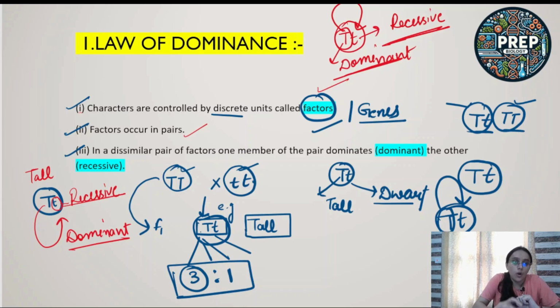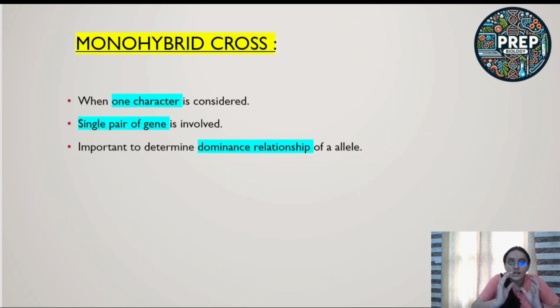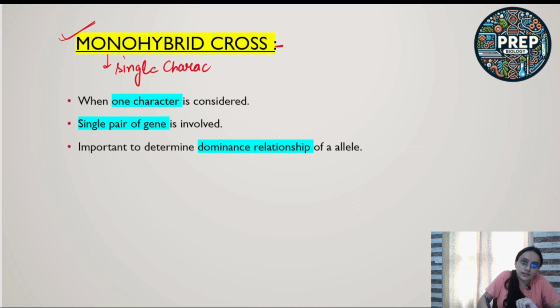Now the law of dominance comes under the inheritance of a single gene. If we talk about the single gene, we do the monohybrid cross. Mono means single, where a single character is considered.